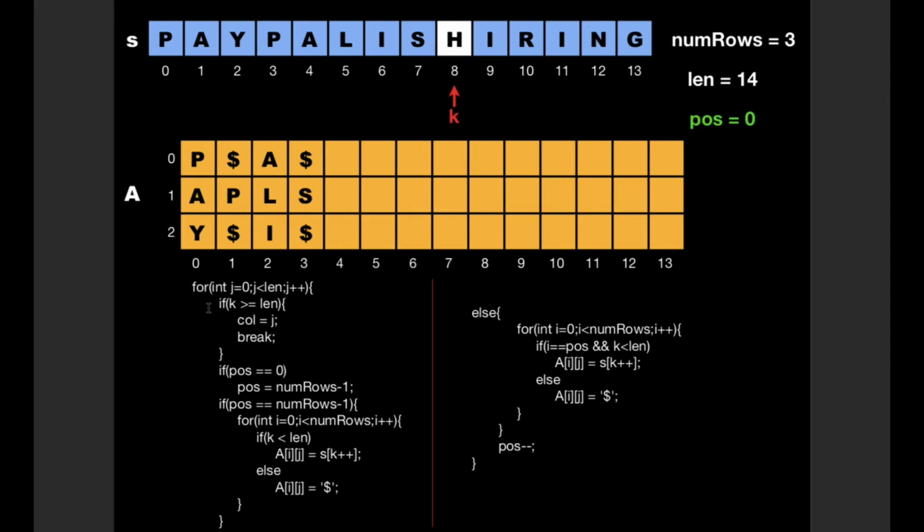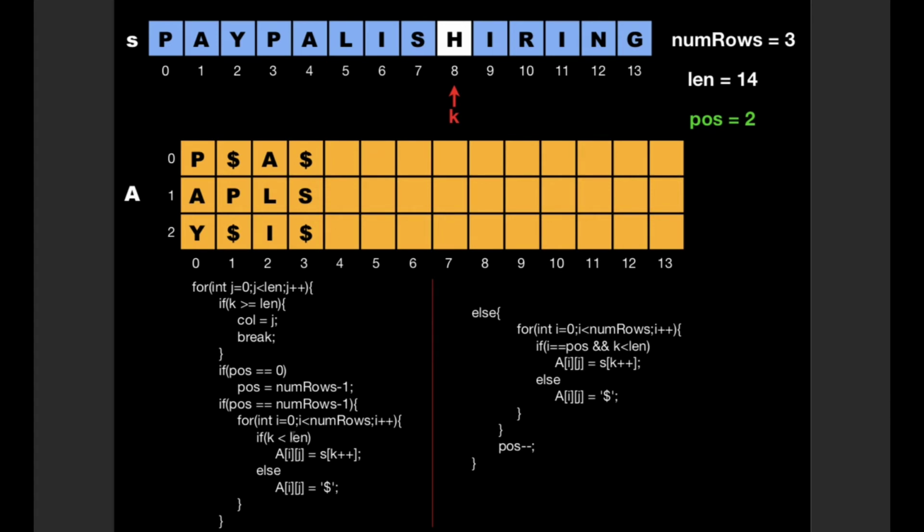And we perform the next iteration where the value of k does not exceed length. Now we check whether the value of position is equal to 0, and since it is equal to 0, we again update the value of position to 2, and again compare the value of position with number of rows minus 1. Since the condition is true, we again run a for loop for the fifth column of our A array.